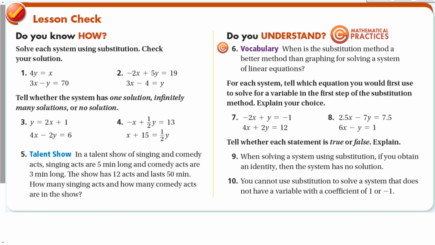Solve for x. Okay, here y is by itself. Okay, here we can see that if we were to rearrange this, there would be no solution. So let's look at number 3.